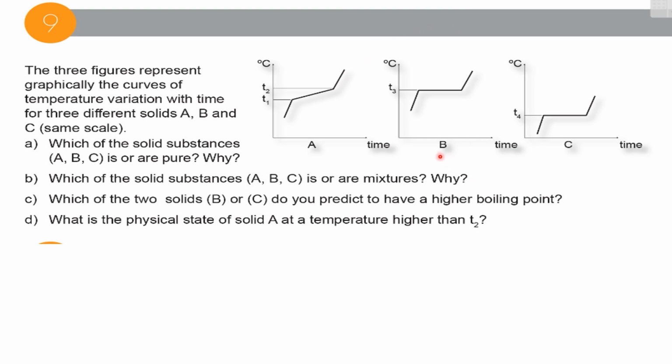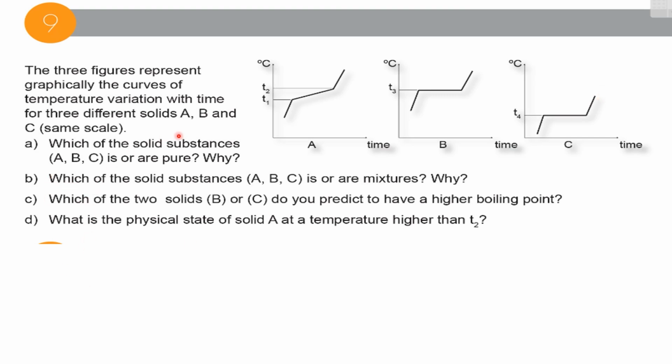Curve B, the temperature increases gradually to reach T3 and then it becomes constant for a specific period of time and then it increases. So here we have a constant temperature. In curve C, the temperature increases gradually to reach T4, then it becomes constant for a specific period of time and then it increases.